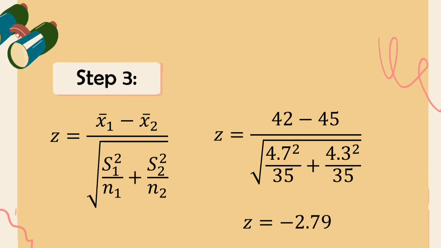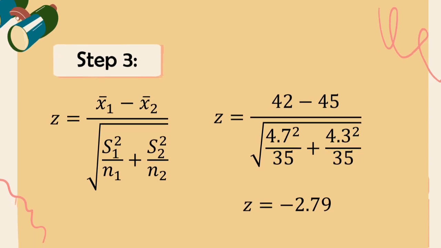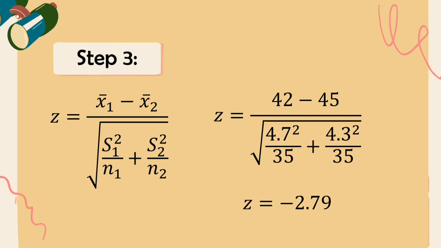Let us substitute our given to our formula. Z is equal to mean sub 1 minus mean sub 2 all over the square root of s sub 1 squared over n sub 1 plus s sub 2 squared over n sub 2. So Z is equal to 42 minus 45 over the square root of 4.7 squared over 35 plus 4.3 squared over 35.